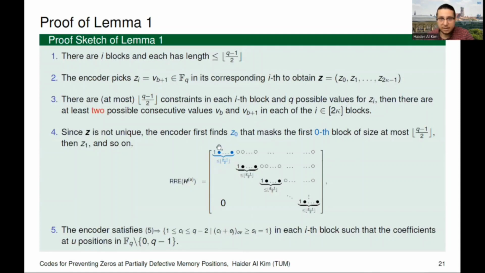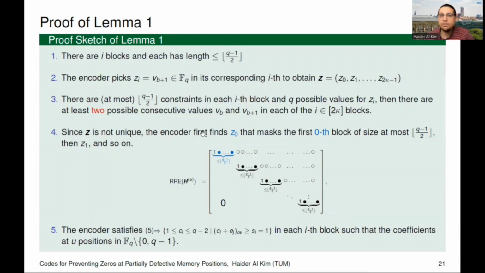So for example, here, we obtain some z vector that has z0, z1. z0 corresponds to the first block, z1 corresponds to the second one, and so on until z_{2 kappa minus 1}. So there is at most this constraint in each block, which means there are at least 2 possible consecutive values, similar to what we achieved before, but inside each block. And z is not unique.